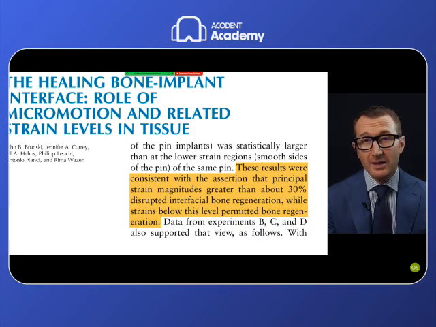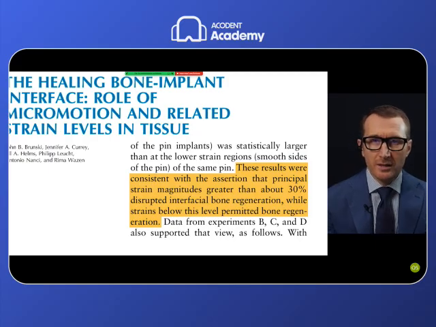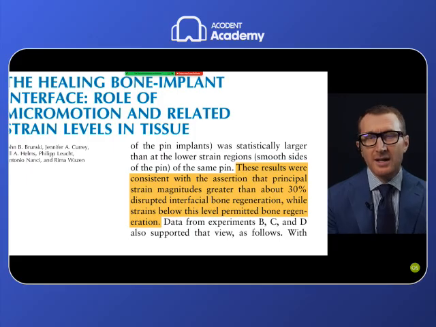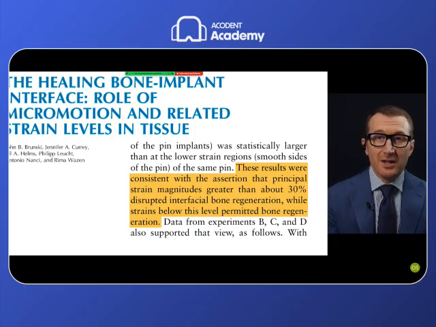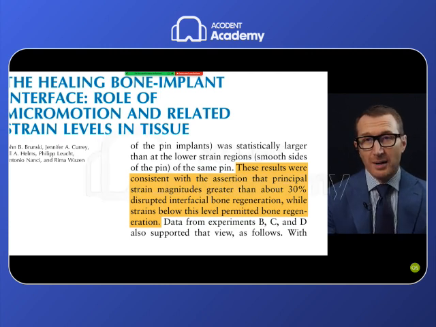Even from a biological point of view, if you have too much strain, meaning micromotion or changing dimension of the coagulum firstly and the provisional matrix secondly, the differentiation of the osteoblast cannot be allowed by gene expression.